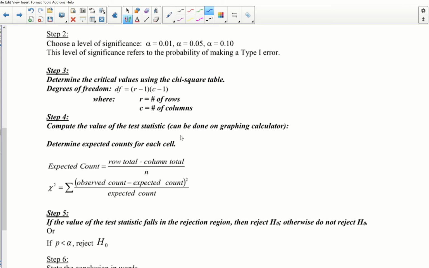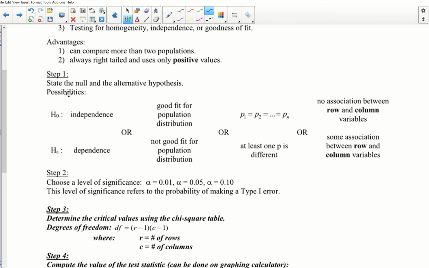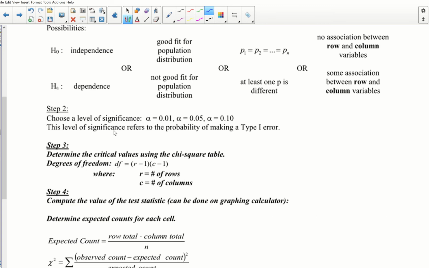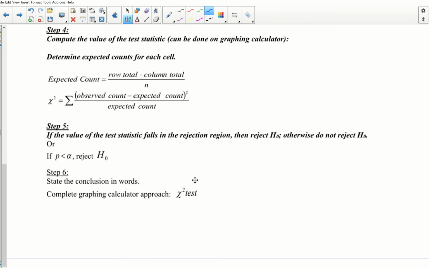So, by all means, if you wish to explore that sort of thing, you're welcome to do that. But really, it's coming down to the same structure as everything else that we've been doing. Null and alternative hypotheses, alpha values, p-value, and a conclusion.